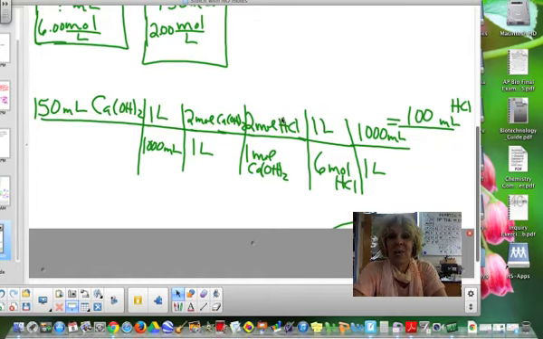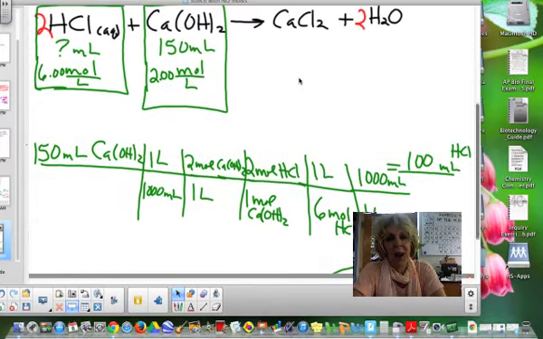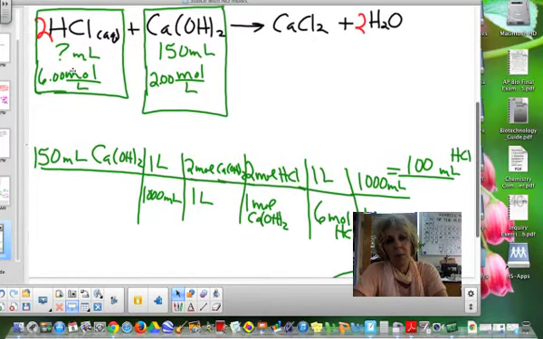Now I need to get to milliliters. If I look back at my box here, I can say, well, if I'm in moles of hydrogen chloride or hydrochloric acid here, now I can use the molarity that was given to me in the problem, and I can cancel my moles. I just flip that molarity. I'm allowed to do that. 6 moles on the top, on the bottom, 1 liter on the top. So my moles of hydrochloric acid cancel. Now I'm in liters.